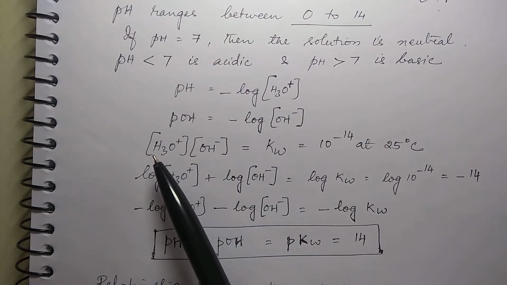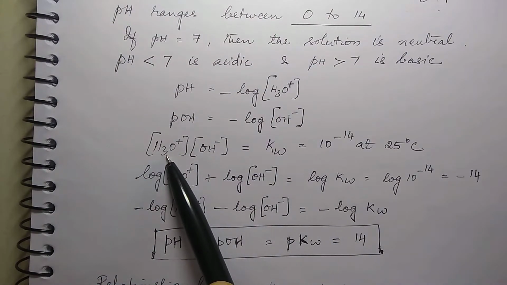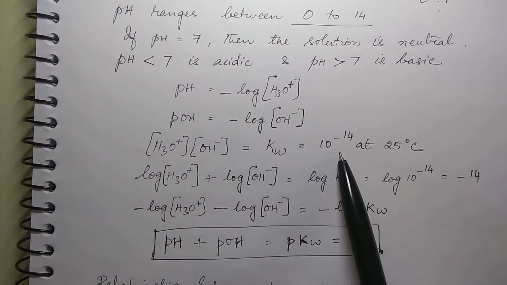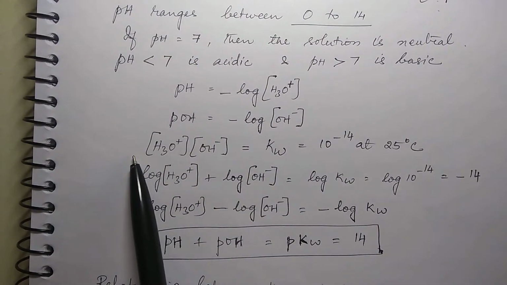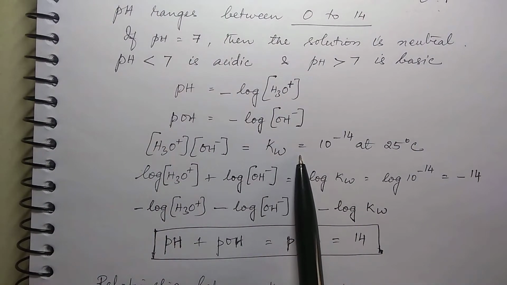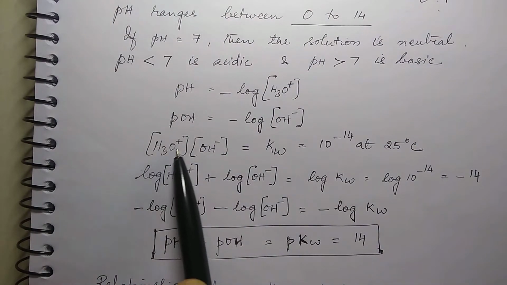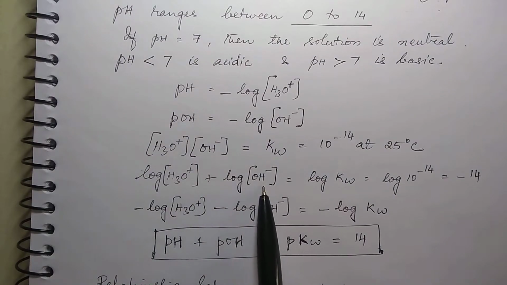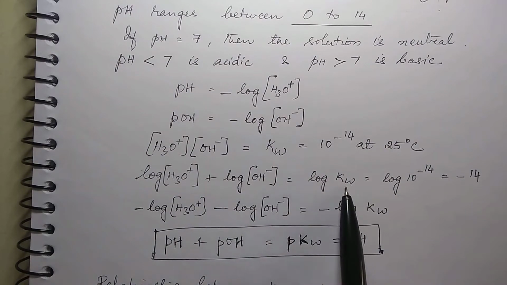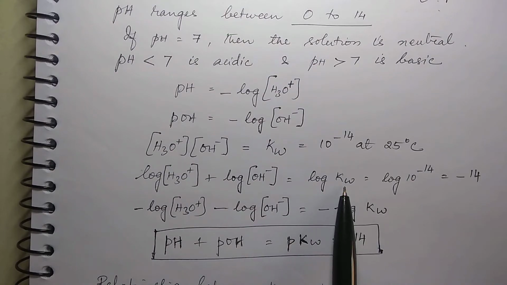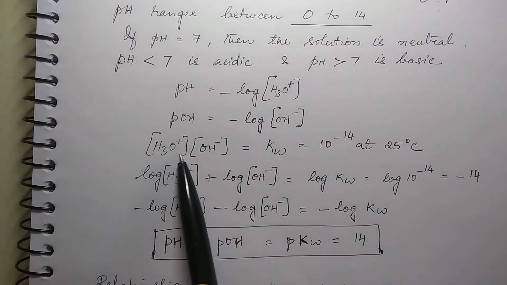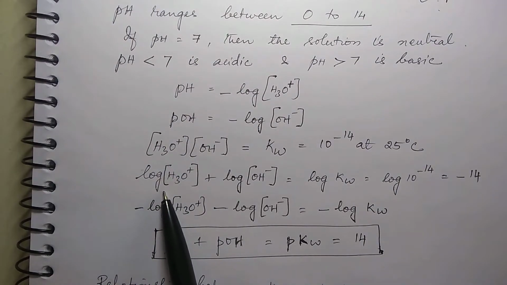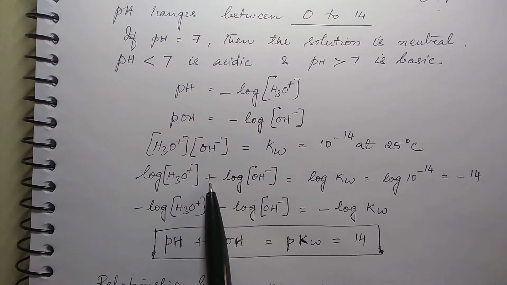Now, you know that H3O plus into OH minus is equal to Kw, that is 10 power minus 14. Now, when you put log on both the sides, log H3O plus plus log OH minus is equal to log Kw. Now, whatever you are multiplying, when you show it in terms of log, you will be adding.